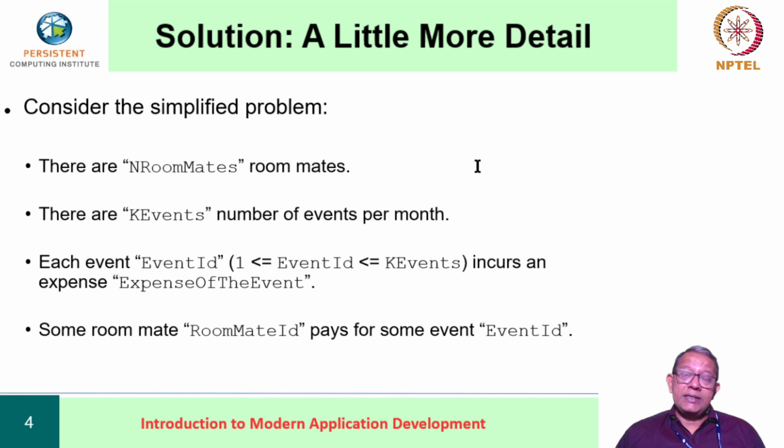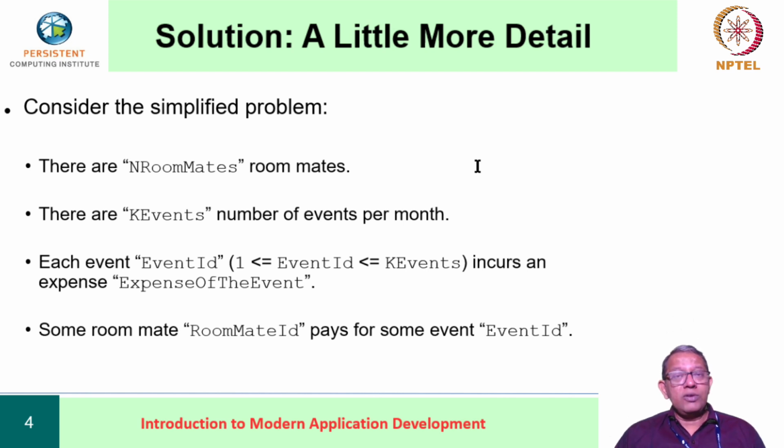Professor Sani has discussed the simplified version of this problem where 2 or maybe 3 roommates were considered. We will denote the number of roommates by n roommates. We have seen this before. K events will denote the event.